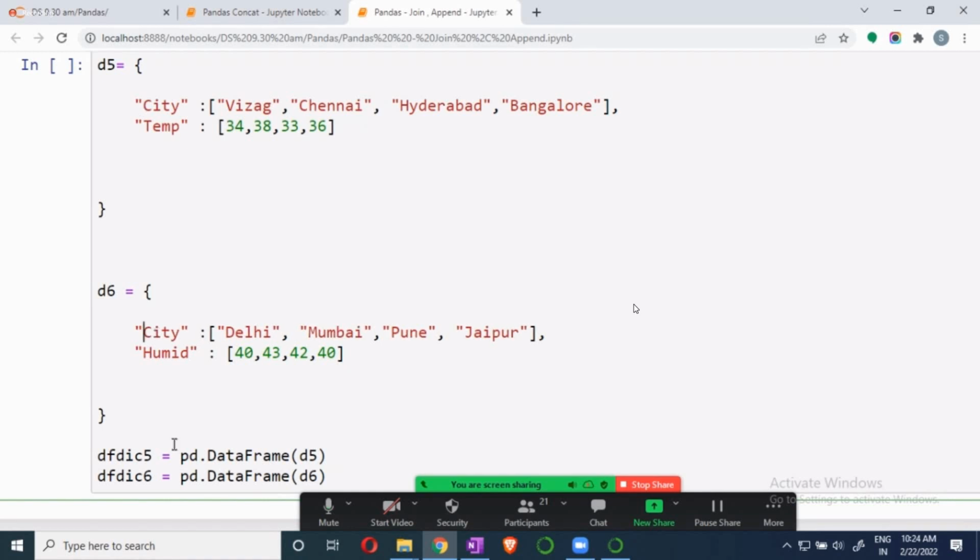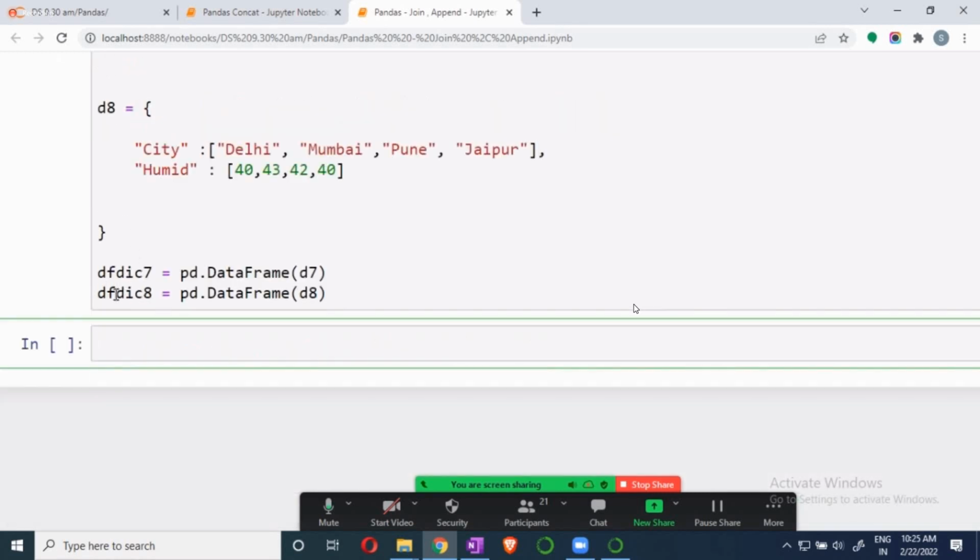Now I will run it, df7 and df8. Let me run this one. Now you see this, I will use display: display df_dic7 comma df_dic8.